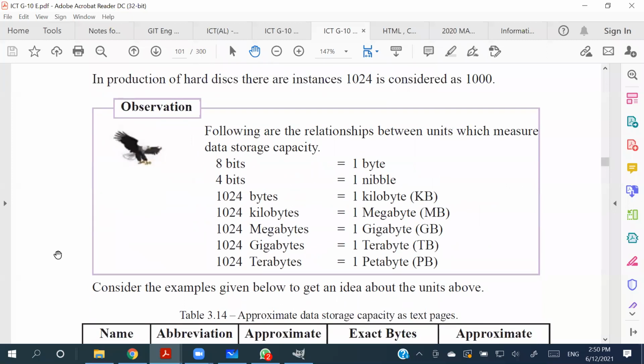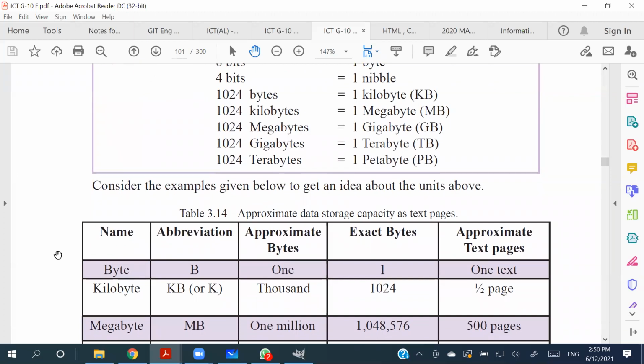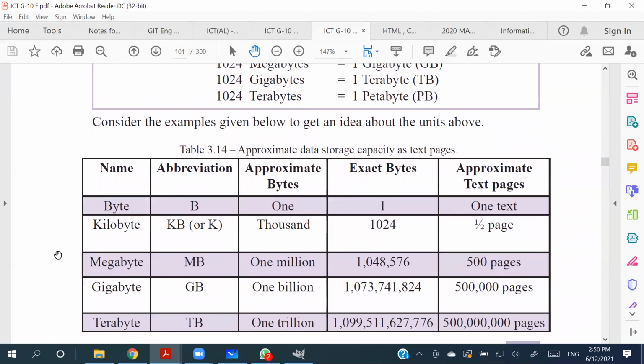So it's going to be like that, and it's better you know how to convert, when a particular unit is given, how to convert that into another unit. In mathematics we do these conversions, right? Like if they say 4 kilograms and ask you to do it in grams, we know how to do that, right?